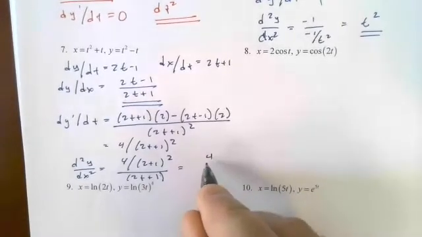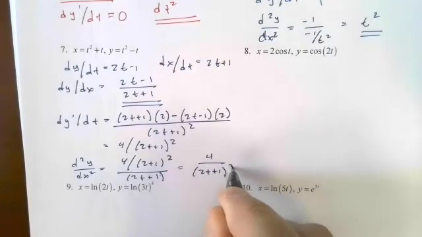Which is 4 over (2t plus 1) to the third.